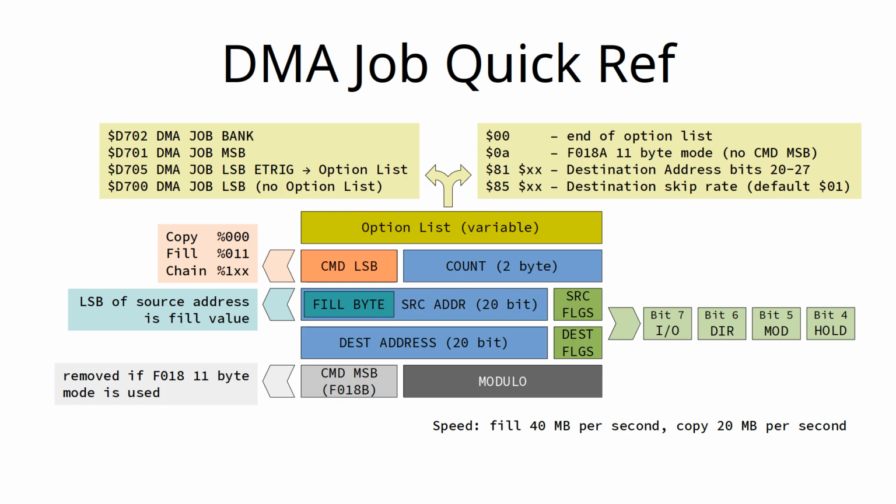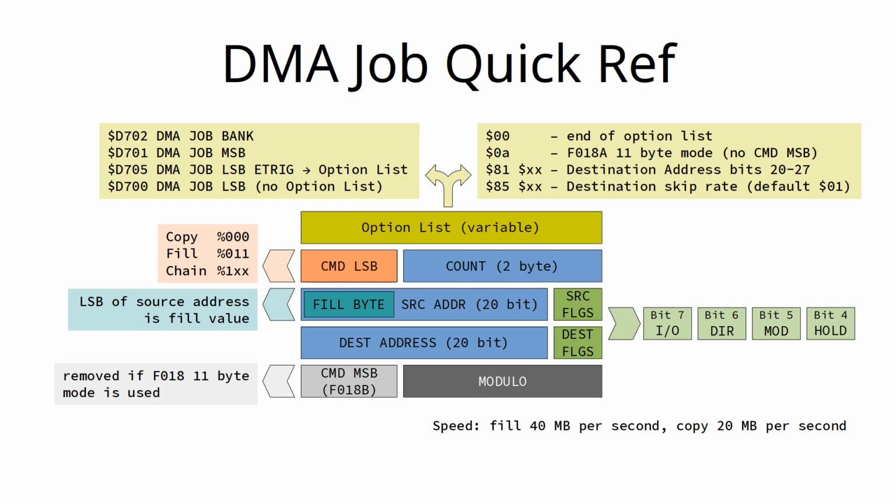I will be using the extended Mega 65 mode, which adds a zero-terminated option list to the start of the DMA job. The job consists of a command, which mostly will be fill in our case, a word, which is the number of bytes to work on. After this, a source and a destination address, which is 20 bits long each. The upper 4 bits are used for flags.